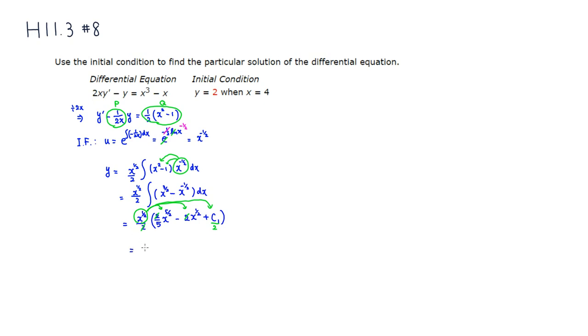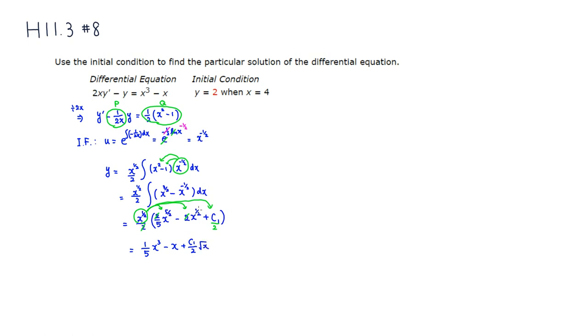So it's going to be 1/5 x cubed, because this goes 6 over 2, and minus x, and plus c1 over 2 times the square root of x.